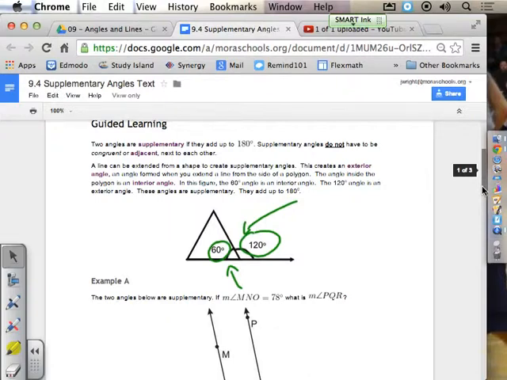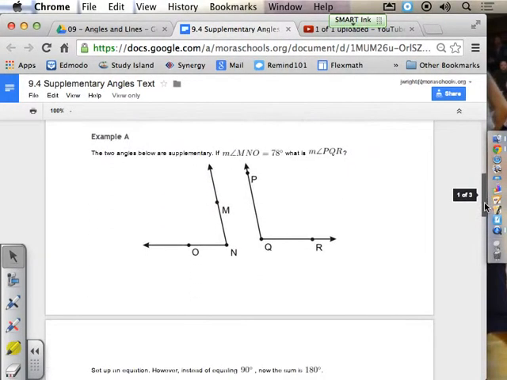Let's go down here and look at some more examples. These two angles are supplementary. Once you know that, if you find out one of them, you should be able to find the other one. It says angle MNO is 78 degrees. What is PQR? Well, if I know they're supplementary, I know they add up to 180 degrees.